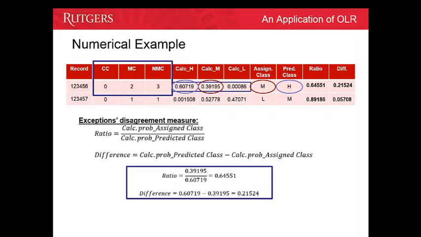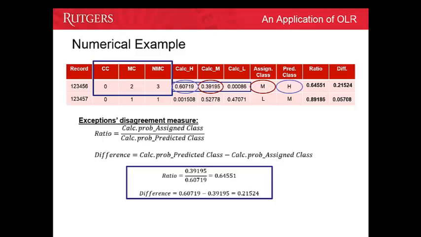Now let's take another record. Again, this is a real record from the data. As we can see here, the ratio is 0.89 and the difference is 0.057. So as auditors, which record should they focus on more?